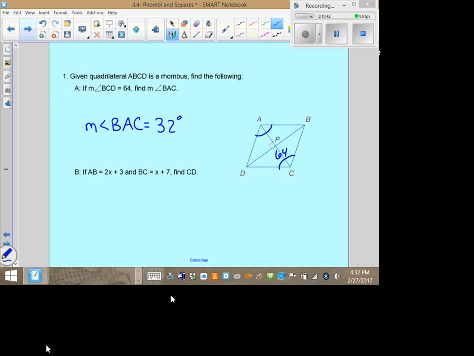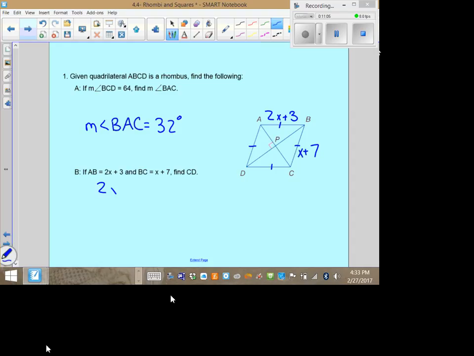Next, if side AB is equal to 2x plus 3, and side BC is equal to x plus 7, we want to find side CD. Note that in a rhombus, all sides are congruent. So we first need to solve for x.